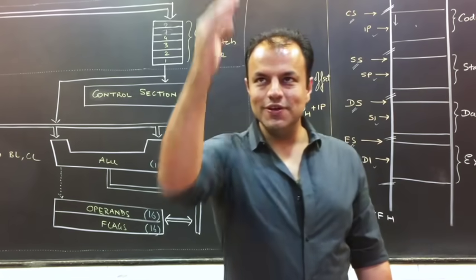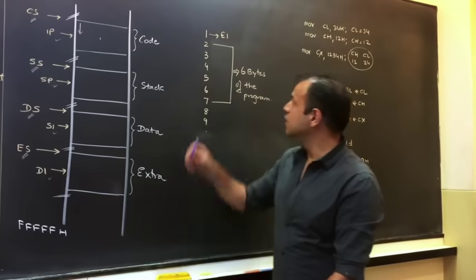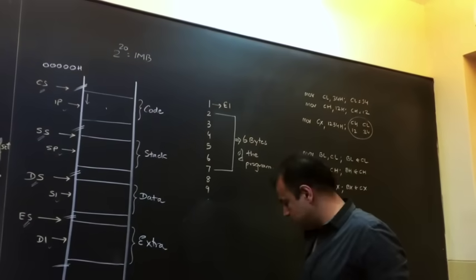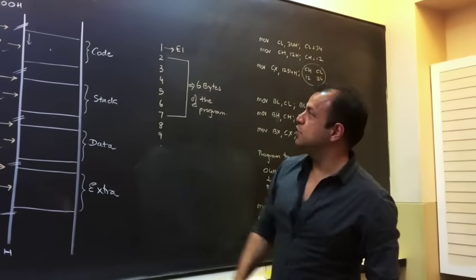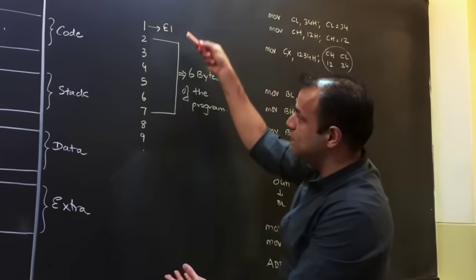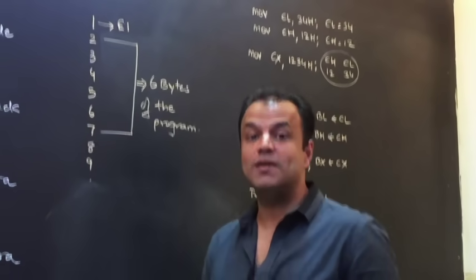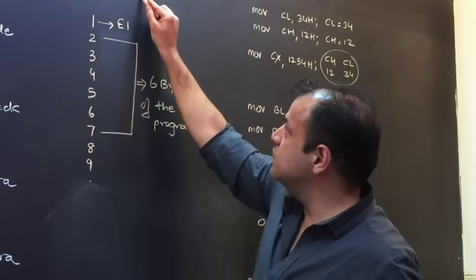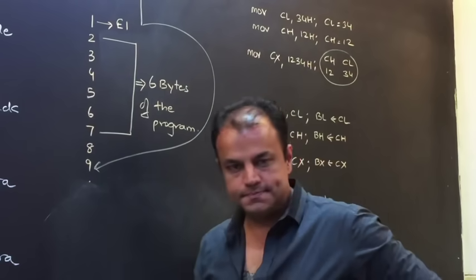Pipelining assumes that the program will always go in a sequential manner. Look here. We were executing instruction number 1, and 2 to 7 are prefetched and kept in the queue, assuming that the program will go in a sequential manner, which is true. Most of the time programs go in a sequential manner, but not always. Suppose the first instruction decides to do a jump to location number 9.